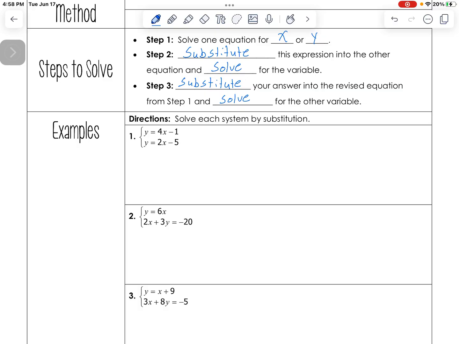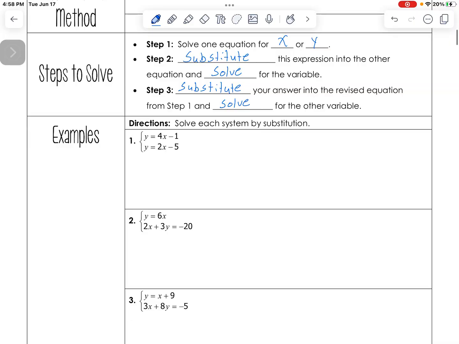All right, let's look at step 1. Step 1, solve one equation for x or y. Well, let's look at these two equations. What do we notice? Good. They're both already solved for y. So step 1 is done. Step 2, substitute this expression into the other equation and solve for the variable.